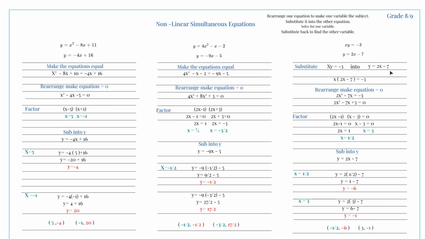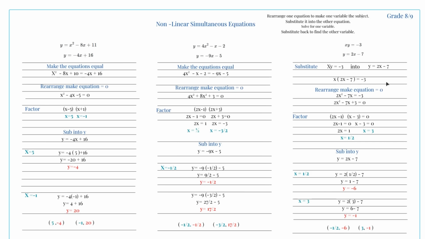Now, this is the easiest way and the only way I know how to solve this. Your teacher may say something different. I do not know. So what I've done is I've got x, and then I've got my y, 2x minus 7, close bracket, equals minus 3. That's how I've done it.